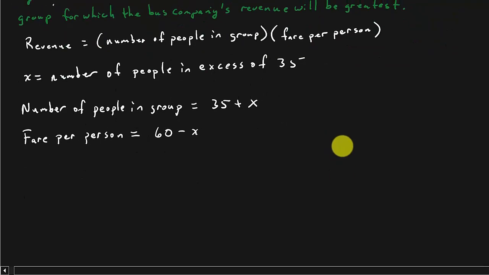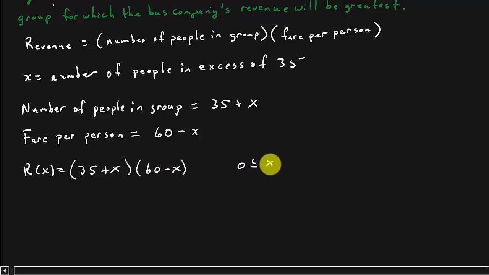So our revenue, R of x, is going to be the 35 plus x times 60 minus x. And we know that x is going to be between 0 and 15. Oh, now how do we know that?